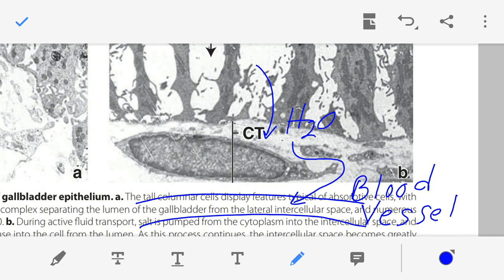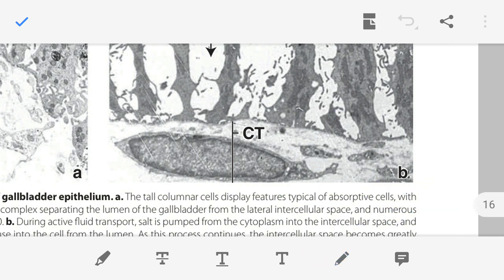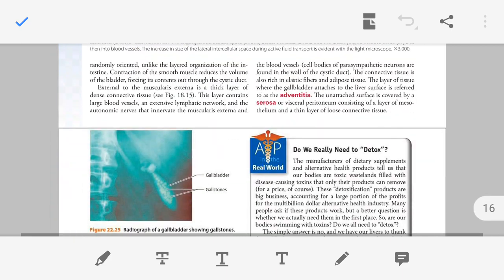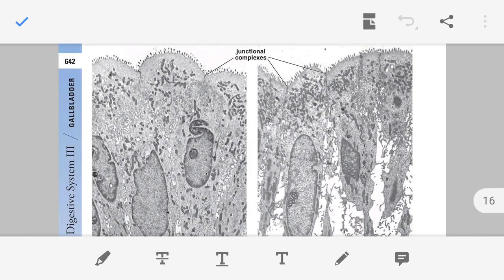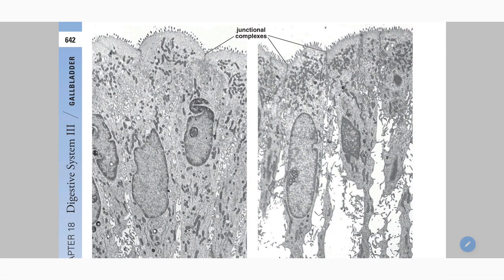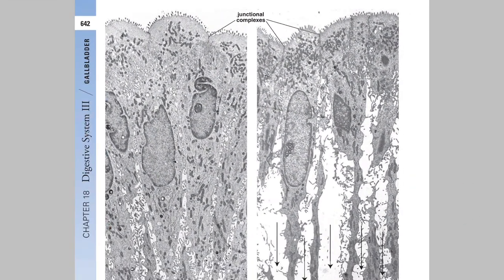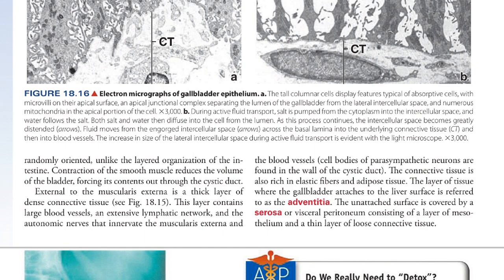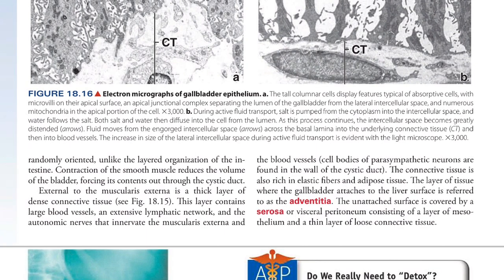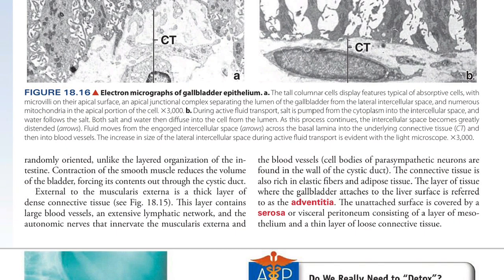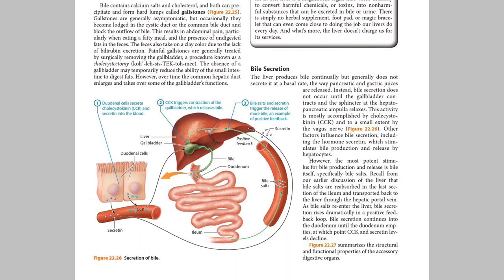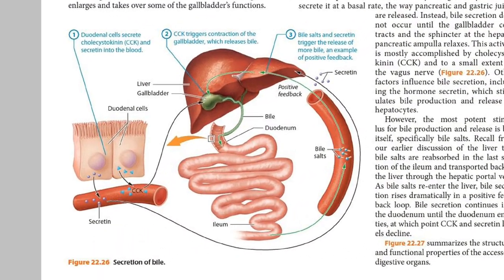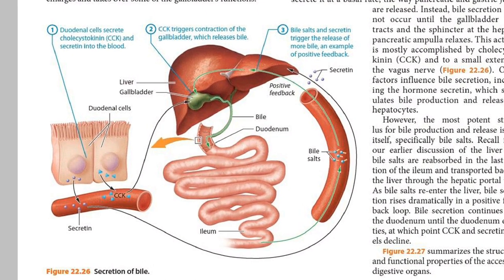So this is how the bile is concentrated. Now one more figure is there. Before that, I would like to show you this entire figure. You go through this figure this way, and the entire mechanism that I have explained to you is written in this figure. Here the mechanism is written, so you can go through this, and this is the final figure. This is also a very good one.